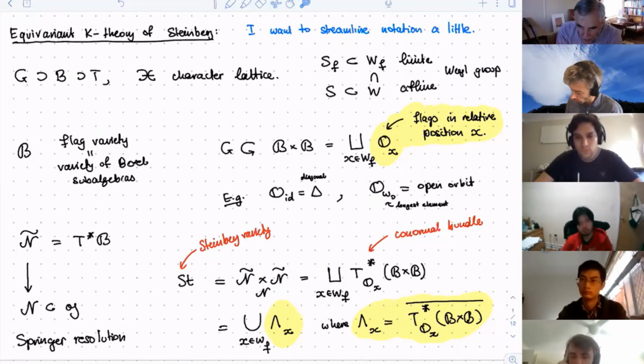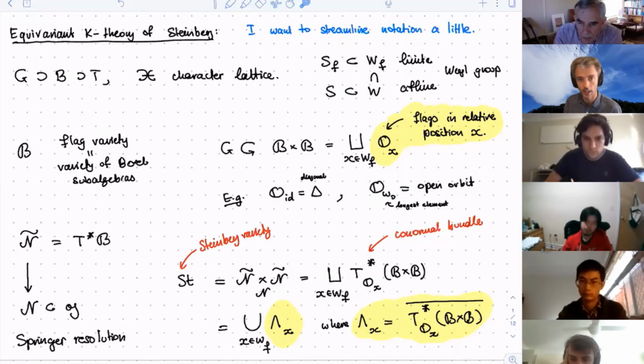And so all of these pieces are of equal dimension, equal to the number of roots. And their closures, which I'll denote big Lambda sub X, are the irreducible components of the Steinberg variety. So the new notation is script O and Lambda sub X.